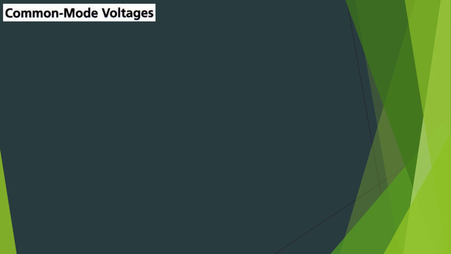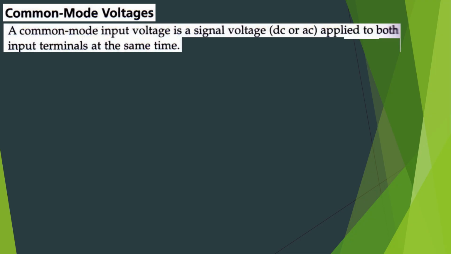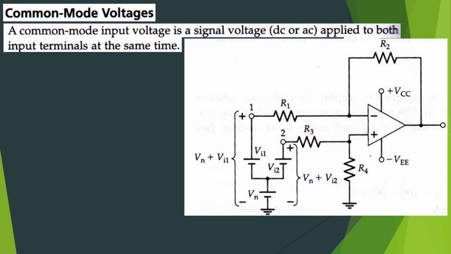Next we have common mode voltages. A common mode input voltage is a signal voltage, which can be AC or DC, applied to both input terminals at the same time. That schematic is shown here.